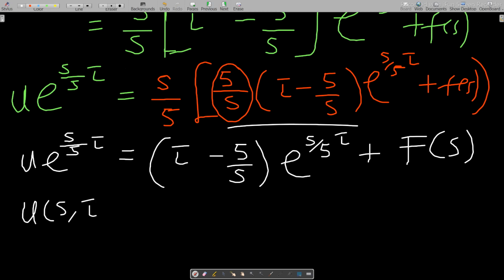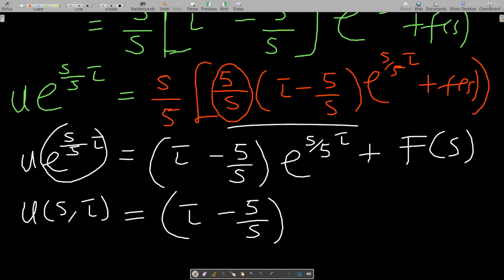So I have u of s comma tau should be equal to tau minus 5 over s. When this is divided by this, I'll get 1.